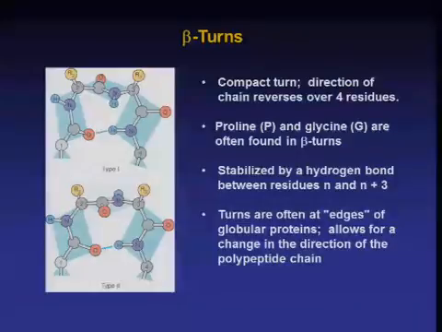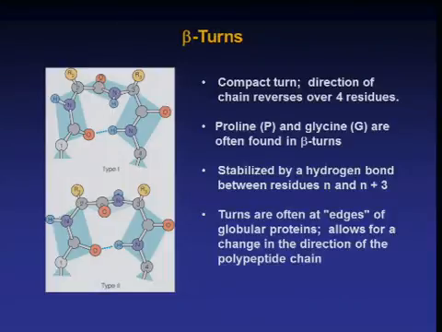Okay, last one for today is a beta turn. So in a beta turn, when you think about three-dimensional structures, these are globular proteins that we're talking about now. As they adopt a three-dimensional structure, you've got the primary structure, which is giving rise to these localized secondary structures.